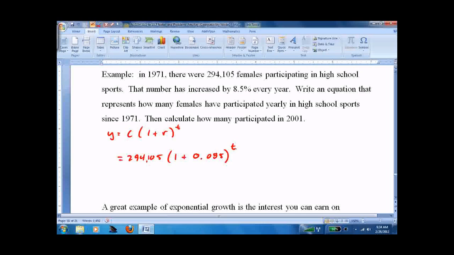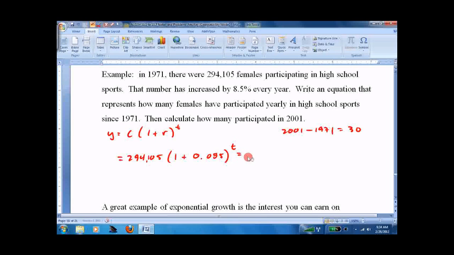So we're ready to roll. Can put this together if we want, call it 1.085, but it doesn't really matter. So now we need to know how many years it's been. Well, 2001 minus 1971 is 30 years. So we just put that directly into the formula.